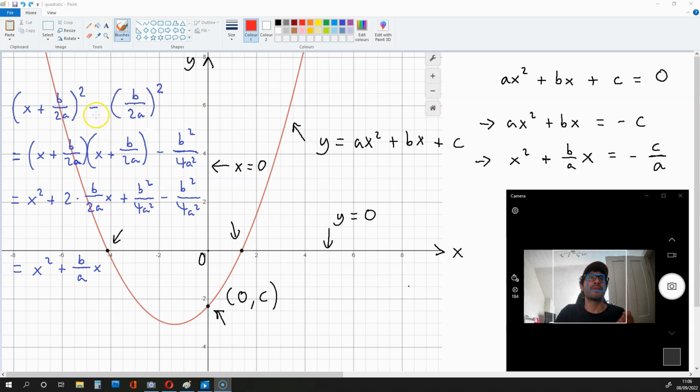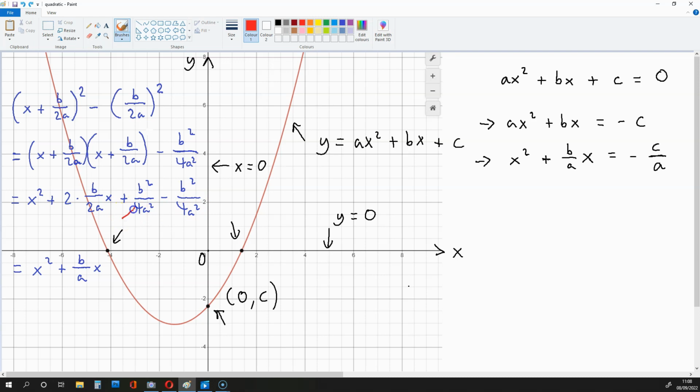Now we know that this up here is equal to x squared plus b over a times x, because when we expand this, we get x plus b over 2a times x plus b over 2a minus b squared over 4a squared. When we expand further, we get x squared plus 2 times b over 2a times x plus b squared over 4a squared minus b squared over 4a squared.